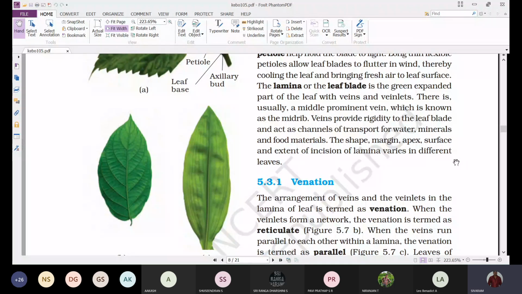So what is the function of all these veins? Veins provide rigidity, that means stiffness, to the leaf blade, so that it can expand and receive maximum sunlight.